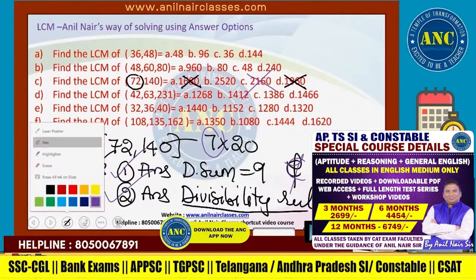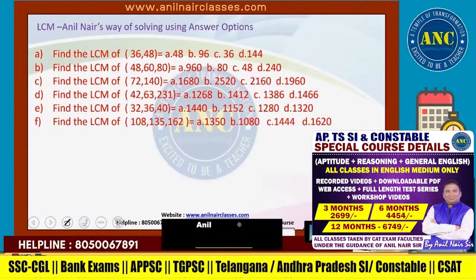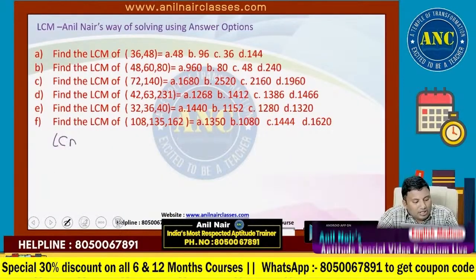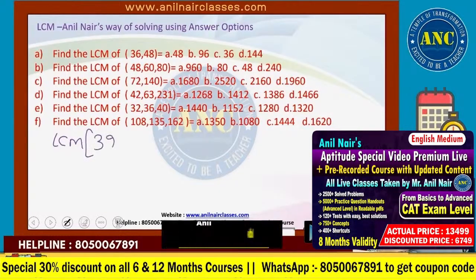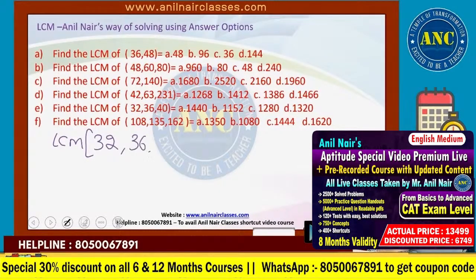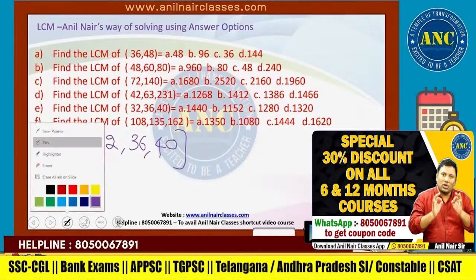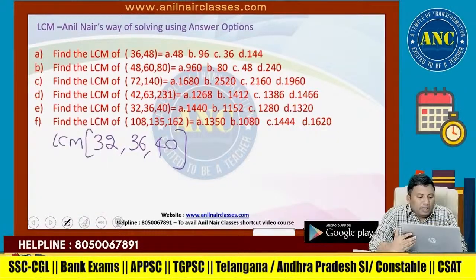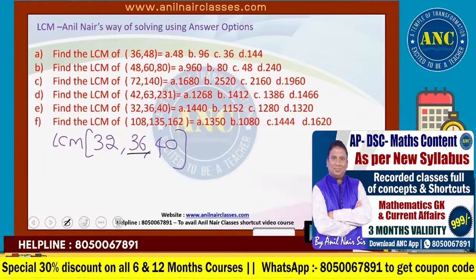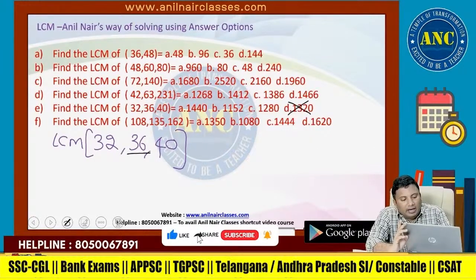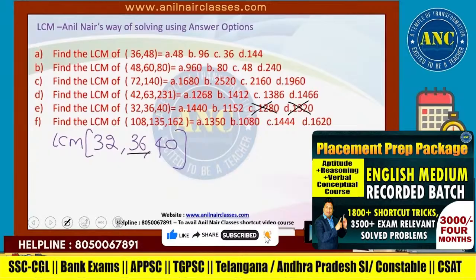Option E. LCM of 32, 36 and 40. 36, digital sum is 9. The answer's digital sum should be 9. This is eliminated. This is eliminated.